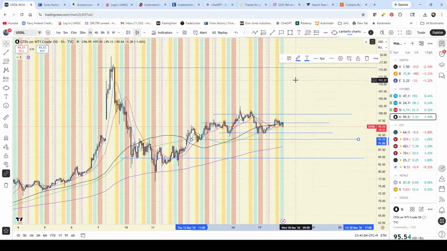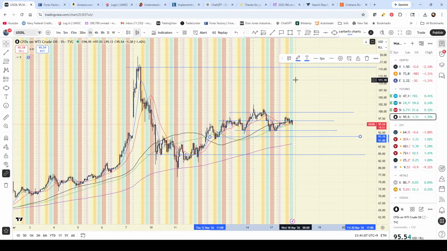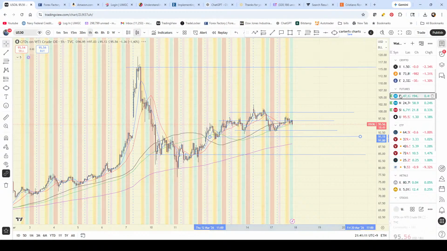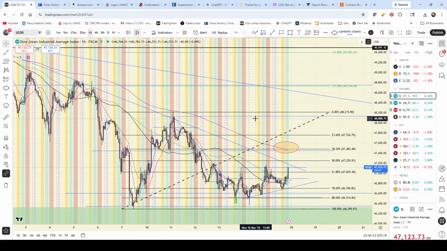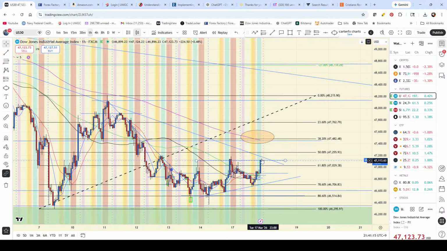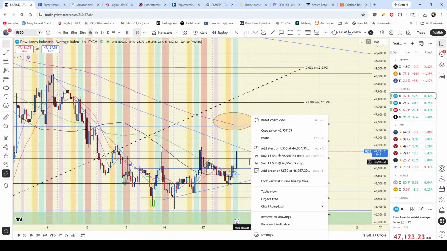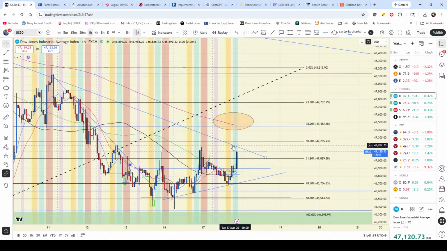All right, that's pretty good. Look at that. Yes, that's what we want. That is what we want. We want it to break through this resistance without resistance. Effortlessly.